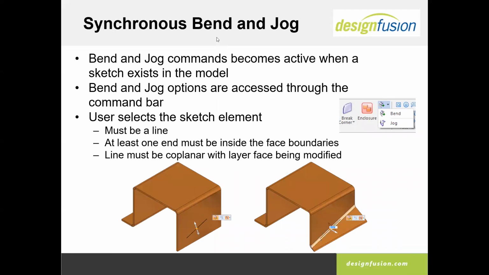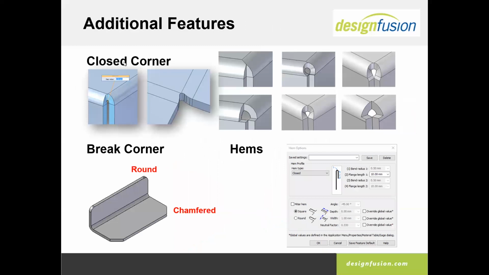Just like we do in ordered, we have the bend and jog command. Again, you need to have the pre-defined sketch in order to create a bend or a jog. And we also do the same close corner treatments.